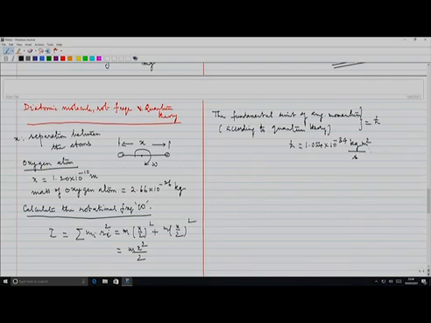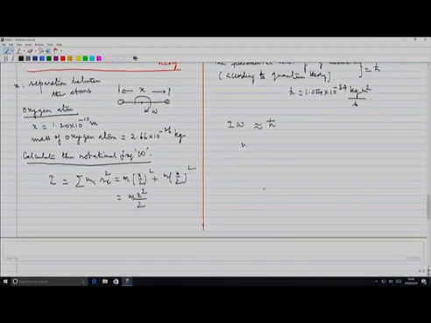Okay. Therefore, from the given data, I can calculate the moment of inertia of the object. Therefore, moment of inertia into omega, namely the rotational frequency, must be of the order of h cross.